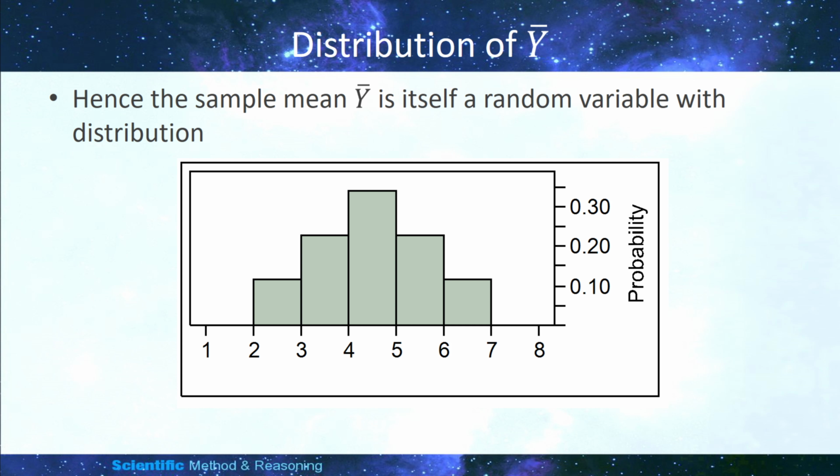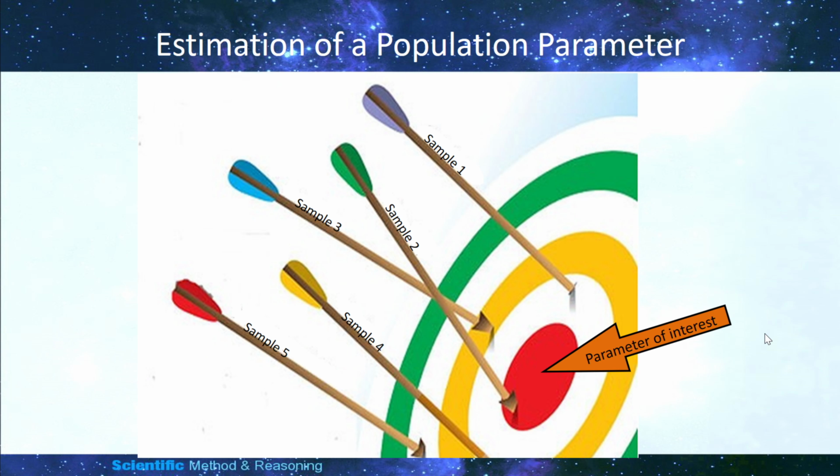After drawing the data, deciding which method to use would be a little bit ad hoc, and manipulation of data can take place easily. Just like a shooting game, archery, every time you aim at the target, which is what we call the parameter of interest, you want to shoot right at the target, but every time there would be random variation.